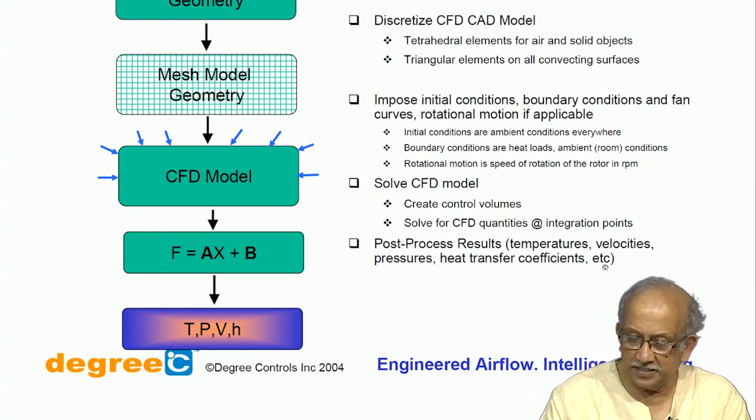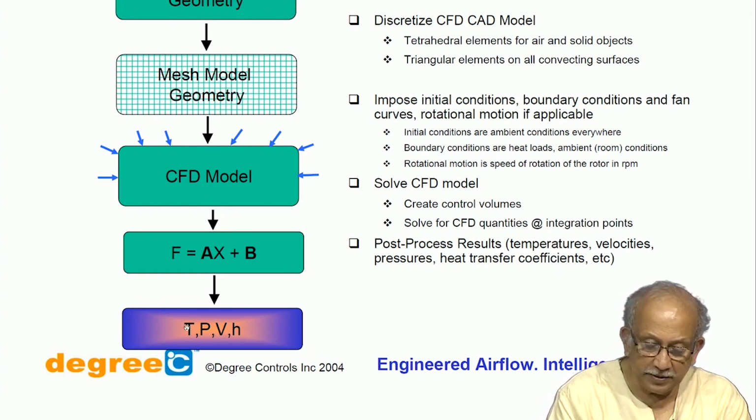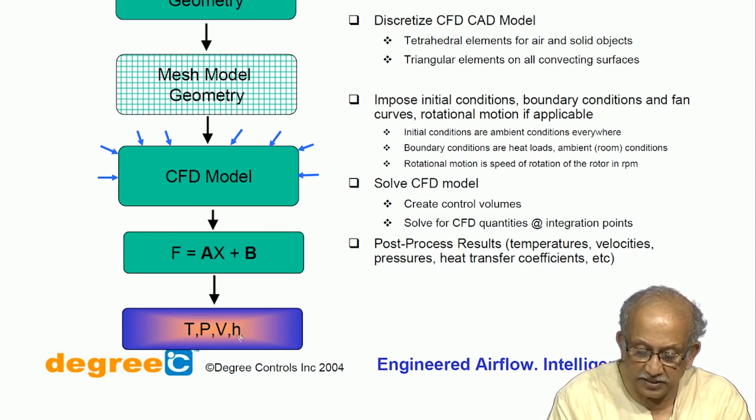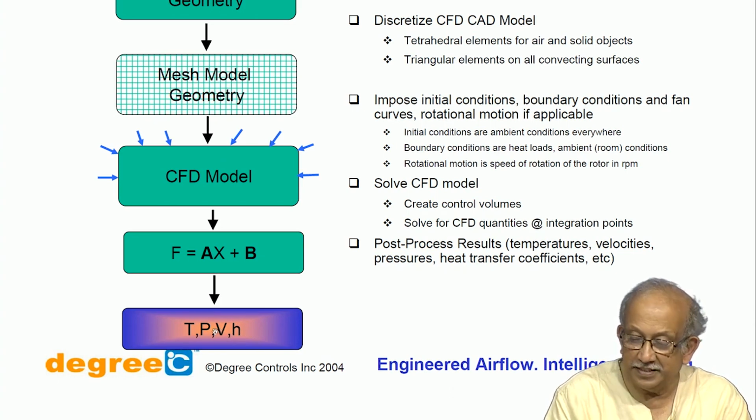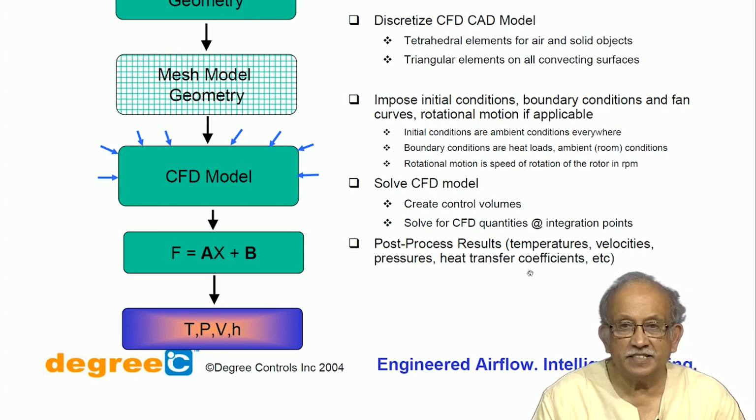The advantage of this is things like temperature, pressure, the heat transfer coefficient h with its small subscript, and velocities and all.